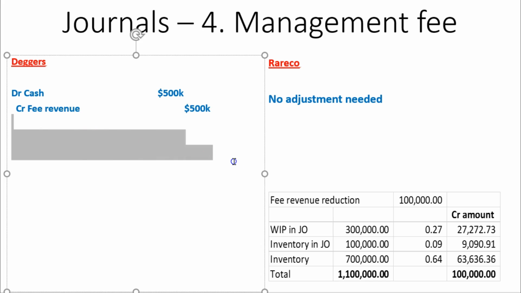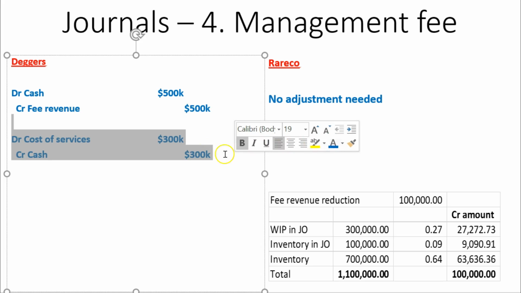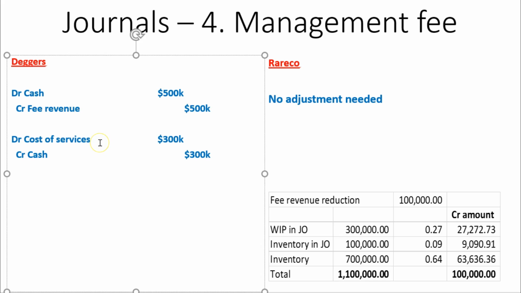Makes sense. Now we know that the cost of supplying this management service was $300,000. So Deggers would debit cost of services by $300,000 and credit cash $300,000. Why? They're recognizing the expense for providing the service, and they would have had to pay cash to actually meet the obligations for those costs. So again, that makes perfect sense.